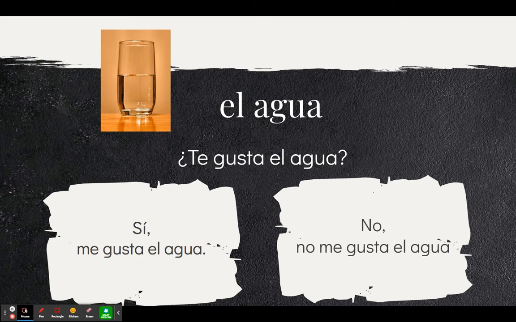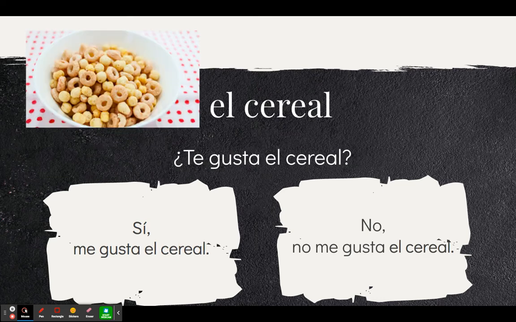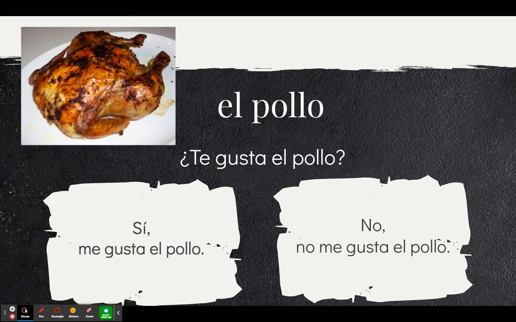Excelente. ¿Te gusta el agua? Muy interesante. Gracias por responder. ¿Te gusta el cereal? Excelente. ¿Te gusta el pollo?